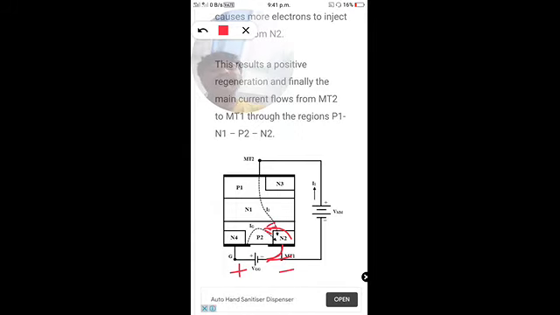Electrons are injected from N2 to P2 because of the application of this gate supply voltage. So when the electrons are moving from N2 to P2, the gate current will flow from P2 to N2. That is the opposite of electron current.